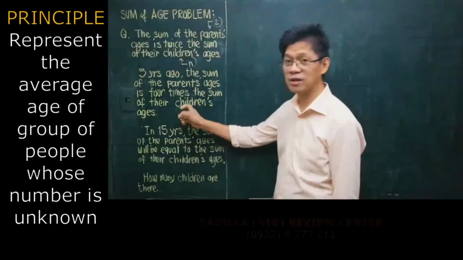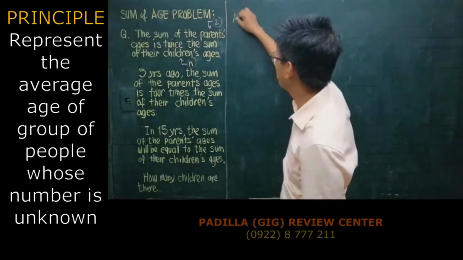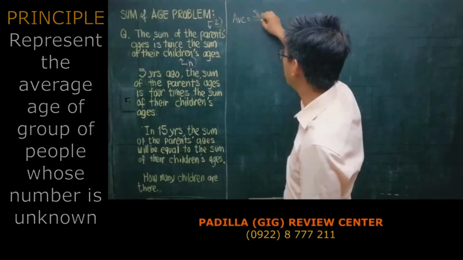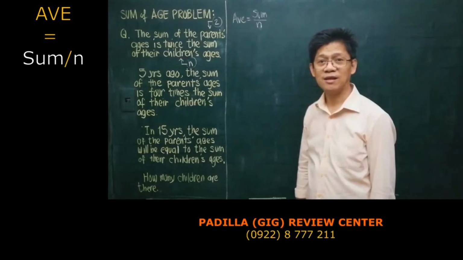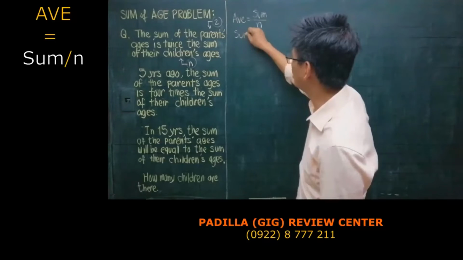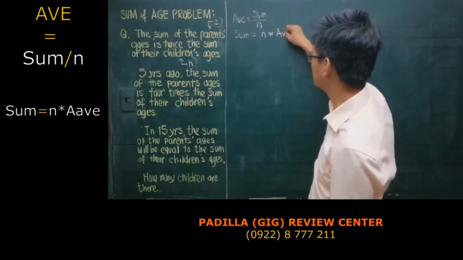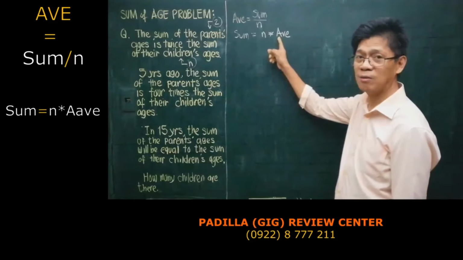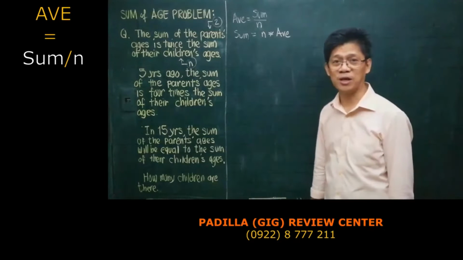In this problem, the children. Now, average is simply sum over n. Right? So, the sum is going to be equal to n times average. If the average age is A, multiply that by the number of persons, and you get the sum of ages.